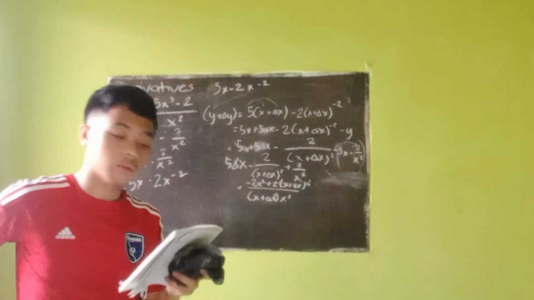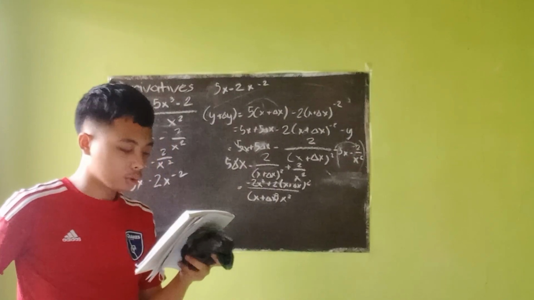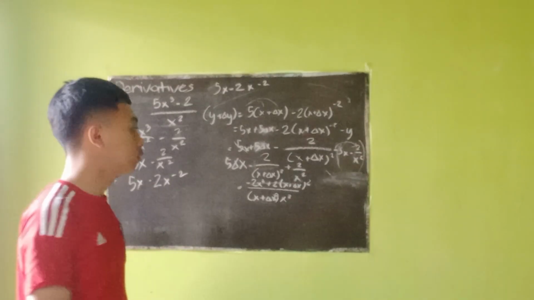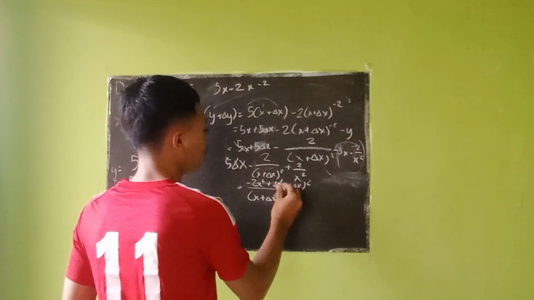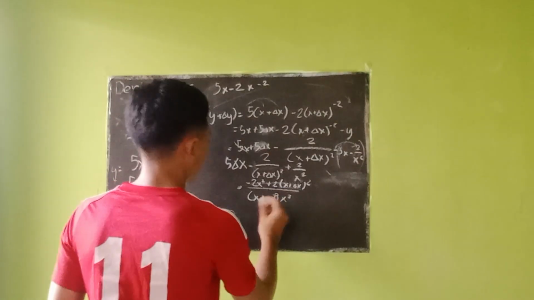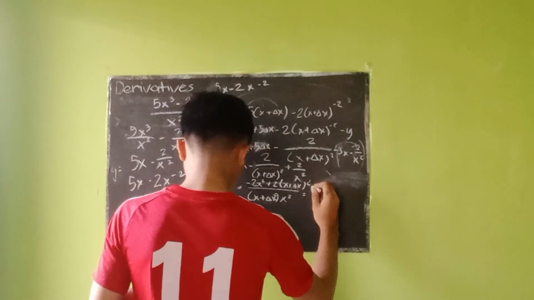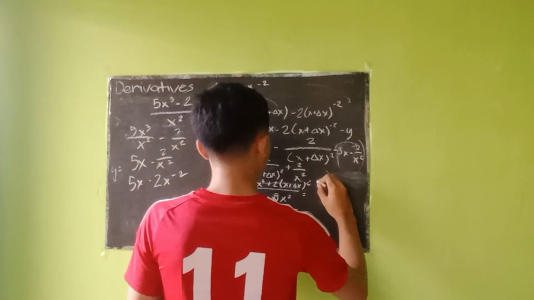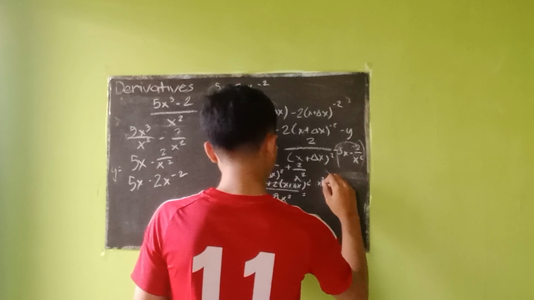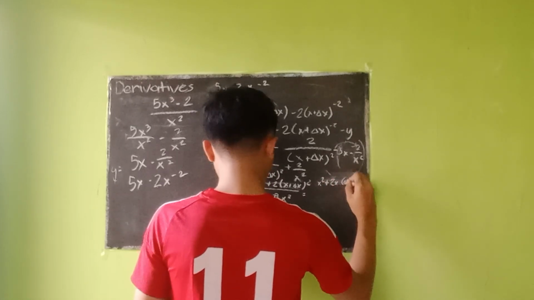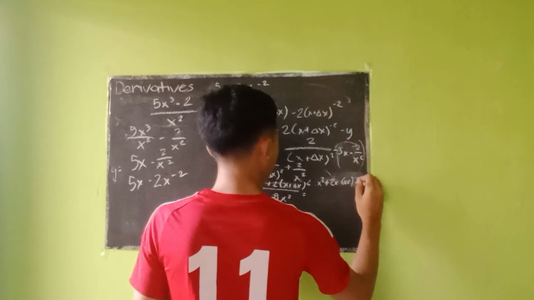Then after that, to solve for this one, you'll have to expand the binomial, which makes that into x squared plus 2x delta x plus delta x squared.